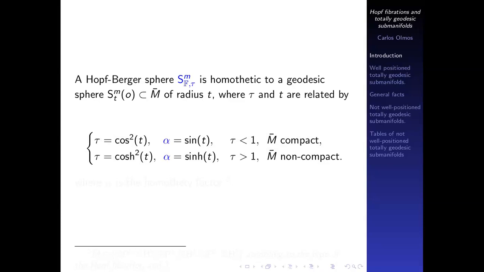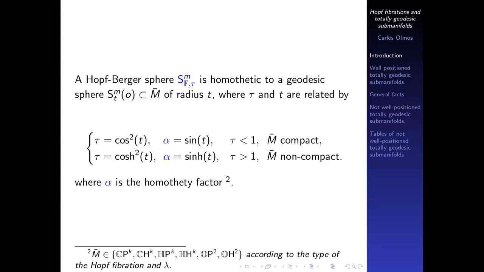We have a homothetic factor because the ambient space has maximal curvature 4 or minus 4, the minimum in the non-compact case, and because of that we need a homothetic factor. This is well known about this sort of spaces.